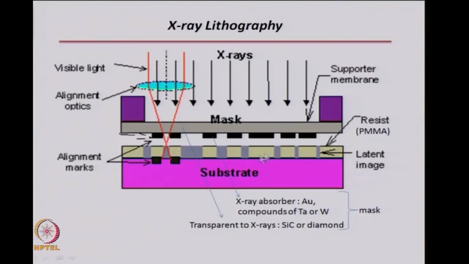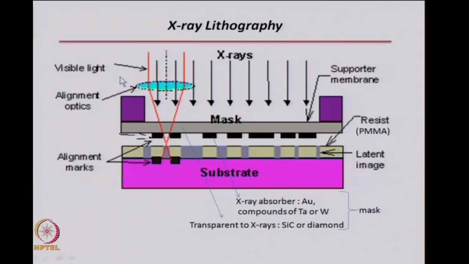And so, whatever be the design here, that design is recreated on the film, and this is called the latent image. So, you will see that wherever there is a gap here, this film of PMMA has been removed by the X-ray, but wherever you have this absorber, that part of the film is intact. So, you can make a pattern using X-rays.